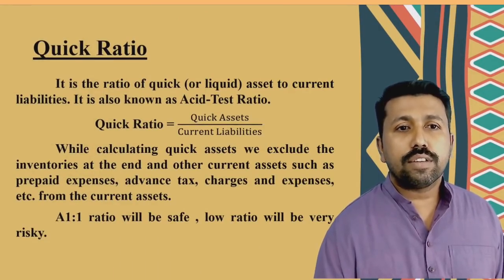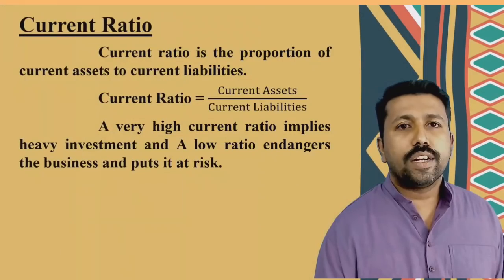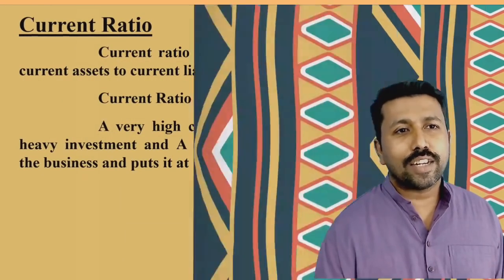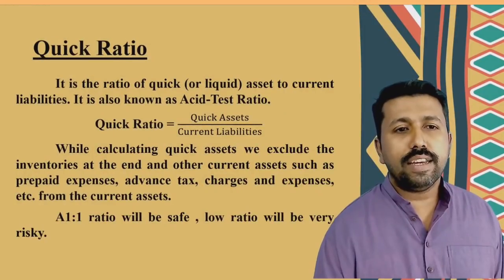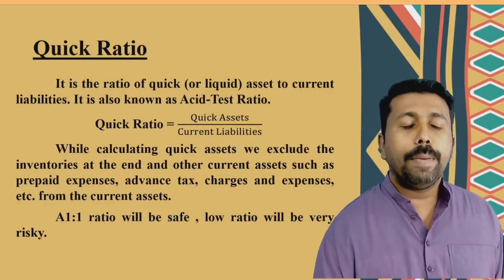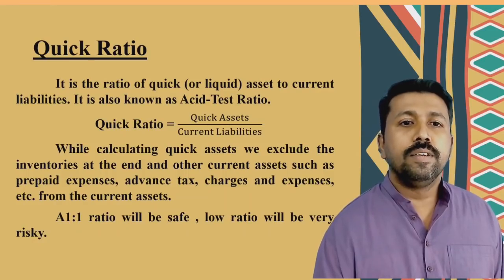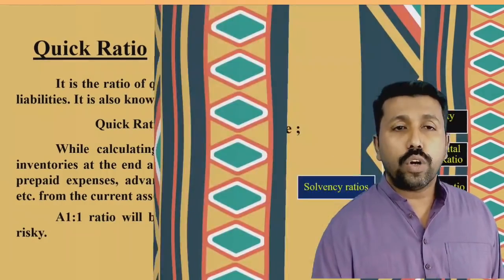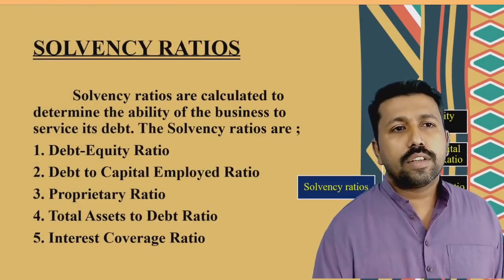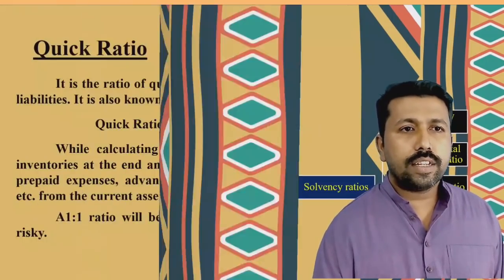Equation is quick asset divided by current liability. Kindly keep in mind 1:1 is the ideal ratio. But while calculating quick asset, keep in mind we have to deduct prepaid expense, advance tax, and stock from the amount of current asset. Okay, so those are the things you have to keep in mind.